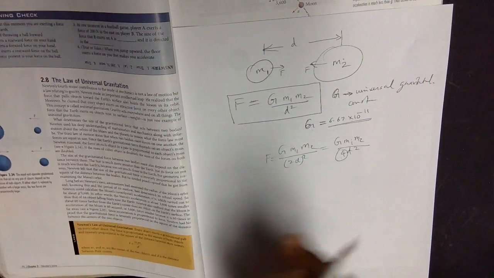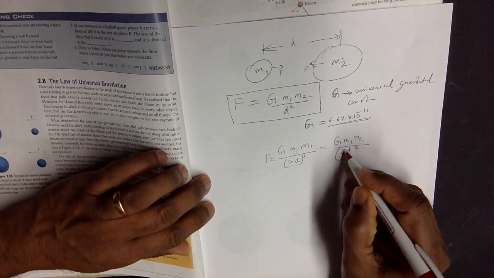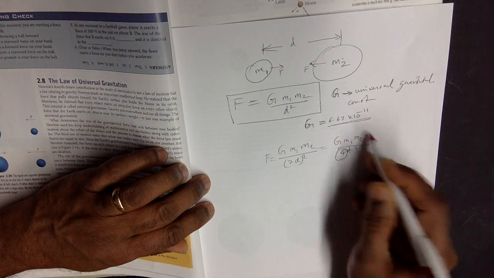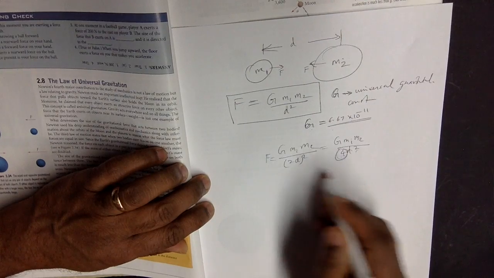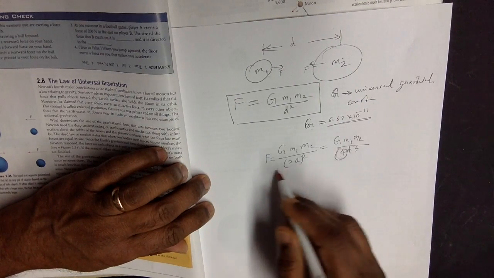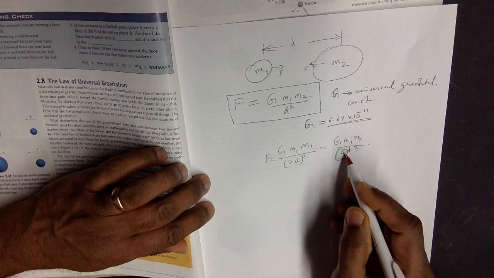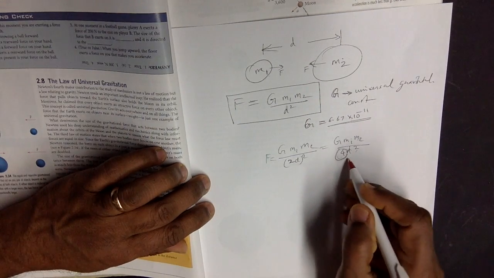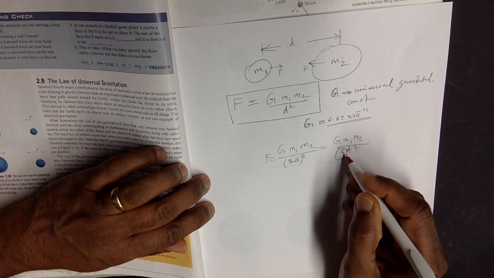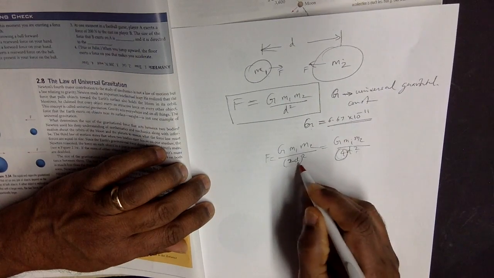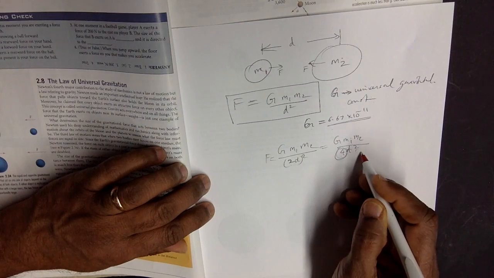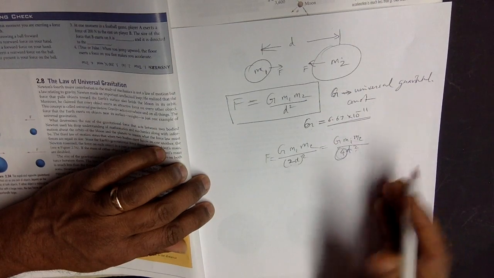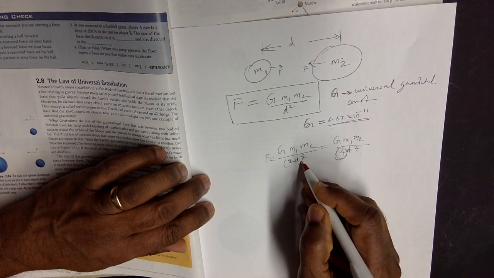So the factor of 4 clearly indicates that the force is reduced 4 times. So the new force is 4 times smaller. Now if this distance is tripled, then the force is going to be reduced by 9 times, because 3d the whole square is 9d square. So when the distance between them is changed, the force changes in the inverse square proportion.